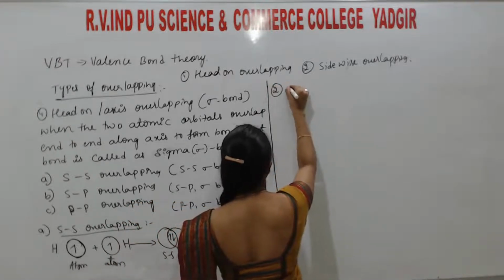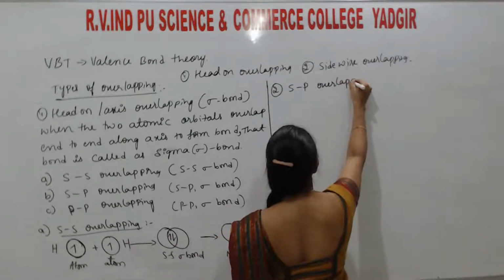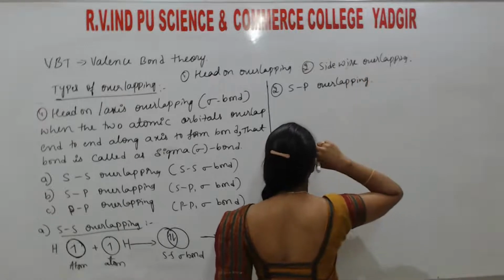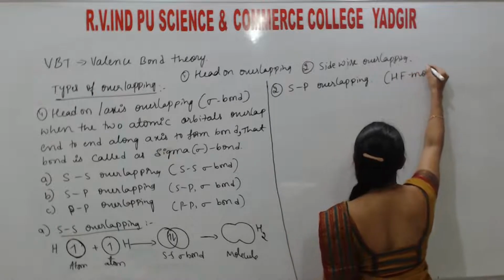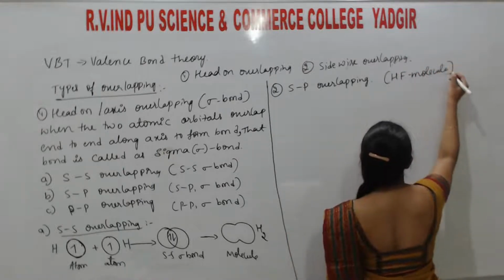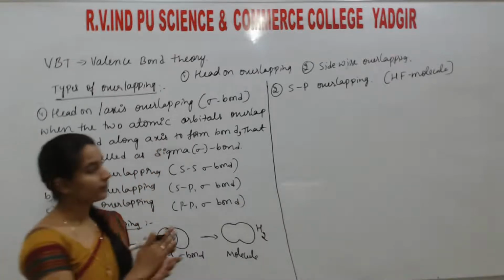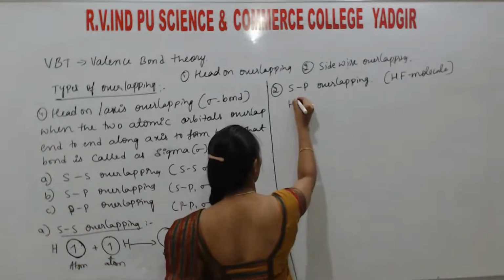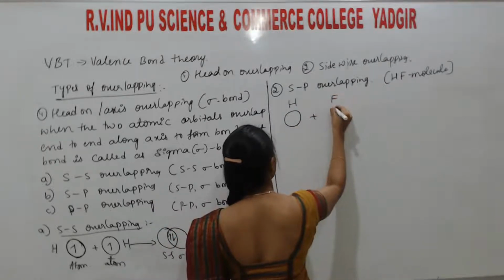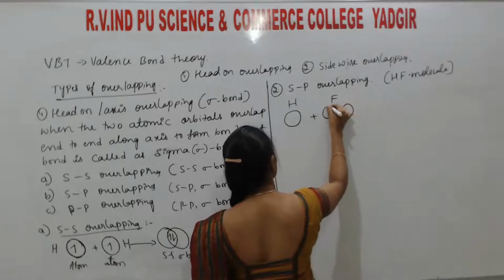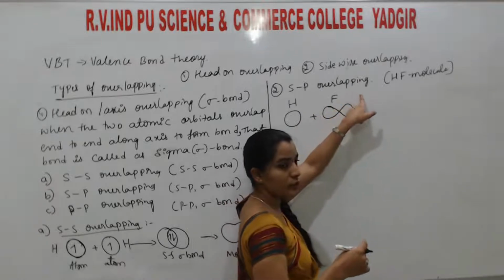Next, the second one is SP overlap. Students, I'll take the example of the HF molecule. Listen. The hydrogen atom has spherical shape. The fluorine atom has a tumbler shape, because if you write the configuration, this is 1s1, and this is 1s2, 2s2, 2p5.